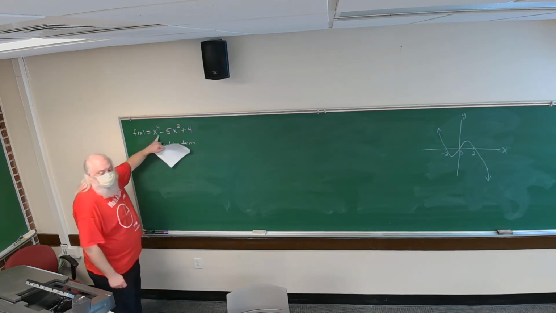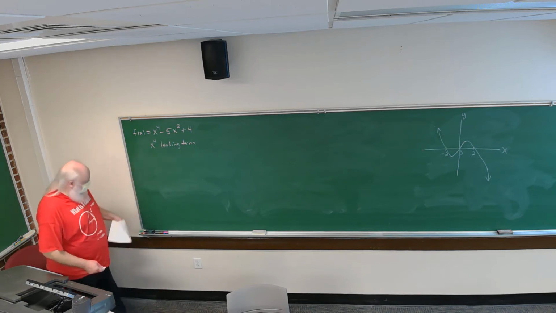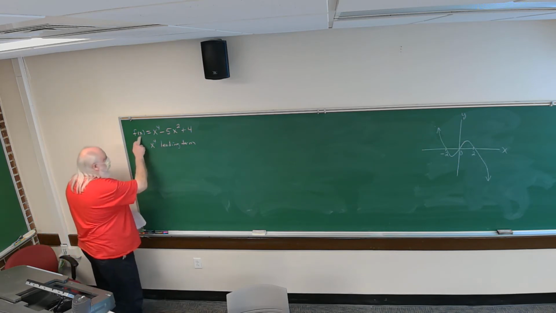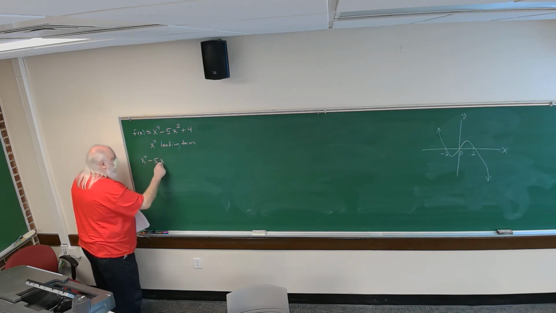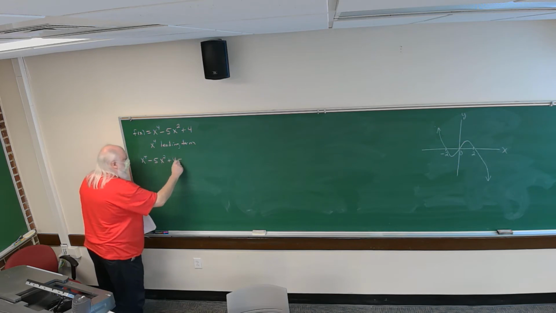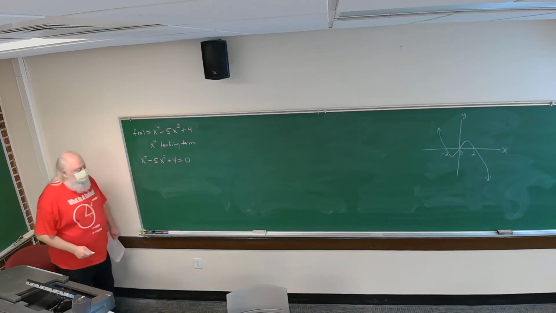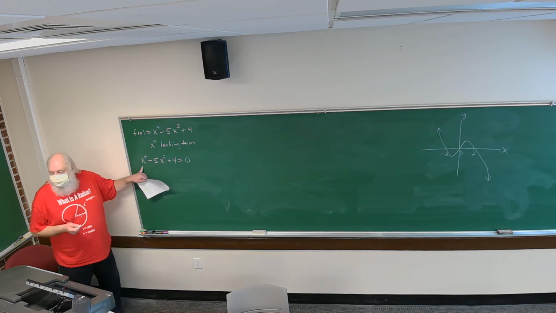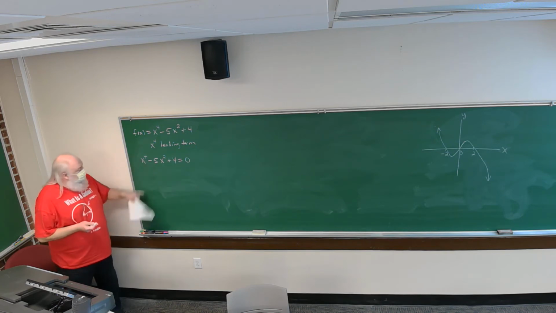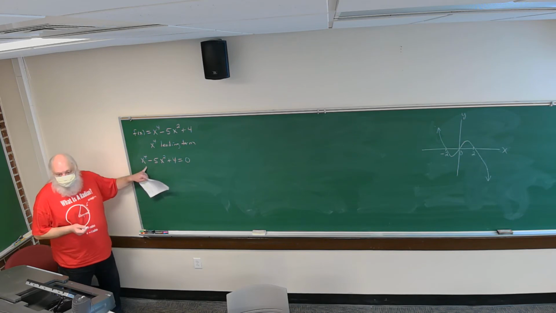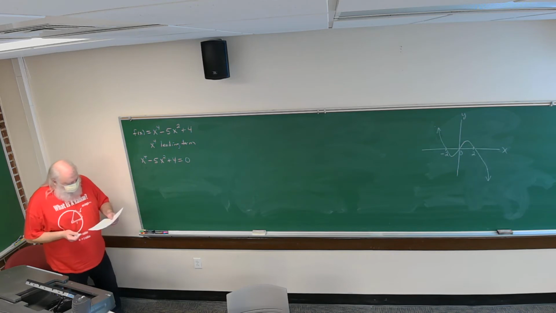Okay. But now here's the tricky part. We got to find the zeros or the x-intercepts, right? So you got to replace f of x with 0 and then solve for x, right? Is this a quadratic function? Somebody say no, that's not a quadratic function because that's x to the 4th. Okay? But then we can factor this like we would a quadratic by doing a variable substitution. Okay?